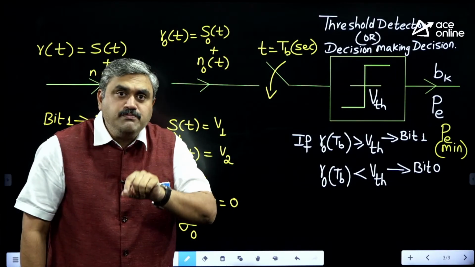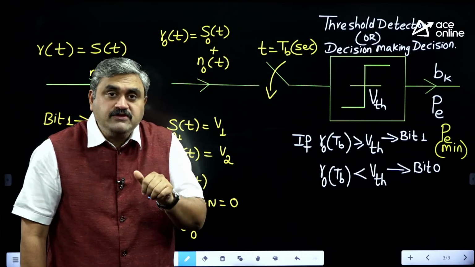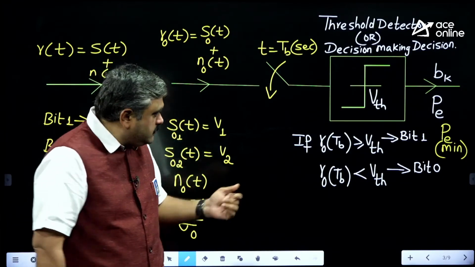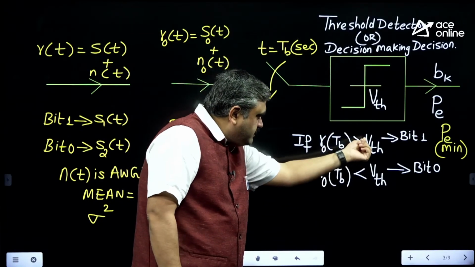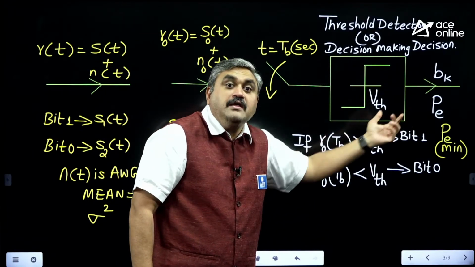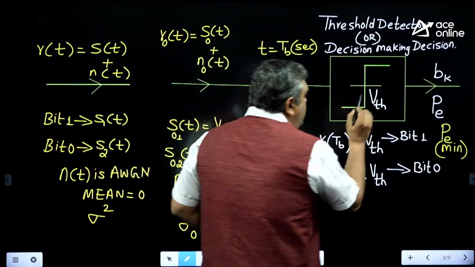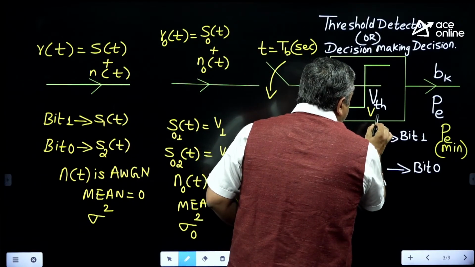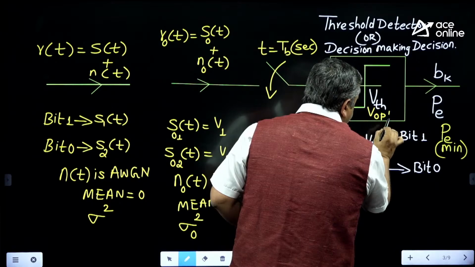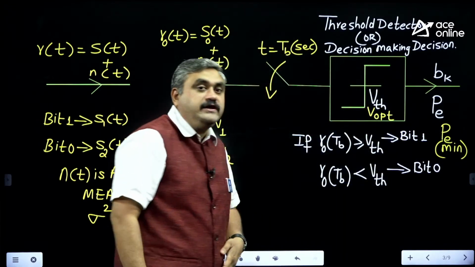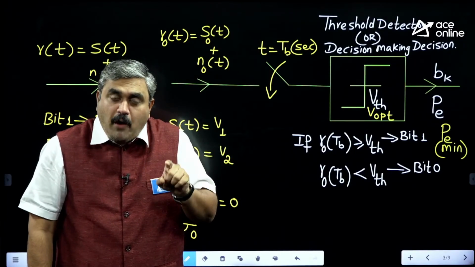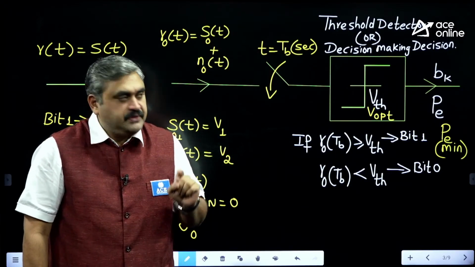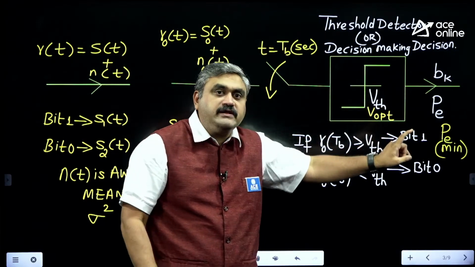Now, if you want to minimize that probability of error, the logic you have to follow is to carefully select this threshold voltage, because the error depends on this VTH only. That means the VTH value which you are using here has to be optimized. This is what we call the optimum value of threshold voltage. When you optimize your threshold voltage, automatically your probability of error will be minimum.